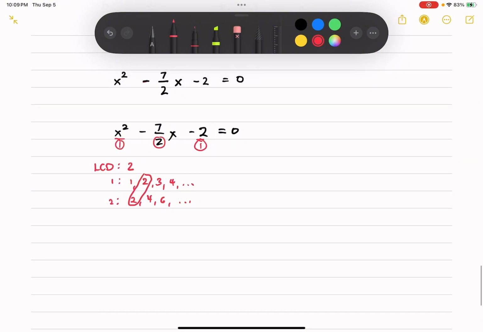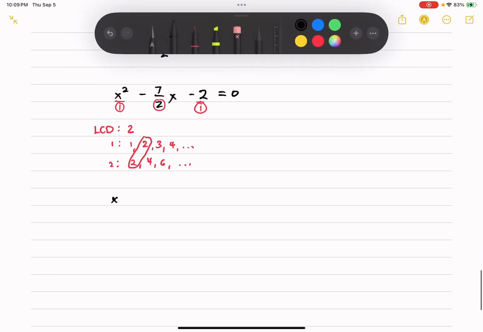Okay? So, ngayon, ang gagawin lang natin dyan, once na nakuha mo ng LCD, yun ang imumultiply mo sa buong equation mo. Yan. So, imumultiply natin itong equation natin ng LCD. Ang LCD is 2. So, multiply lang natin yan. Ulitin ko, this is your LCD, ha?